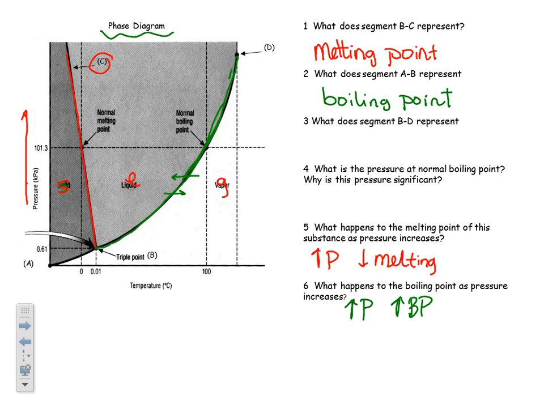But that creates an extraordinary amount of pressure on the surface of the water or the oil or whatever is in that pot. And by increasing the pressure above the liquid, that means that this is going to boil at a higher temperature. And when it boils at a higher temperature, our chicken cooks faster.